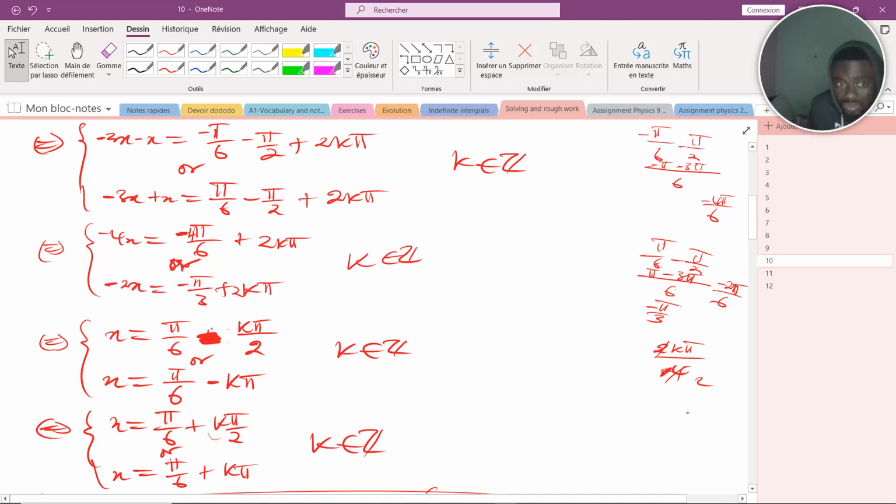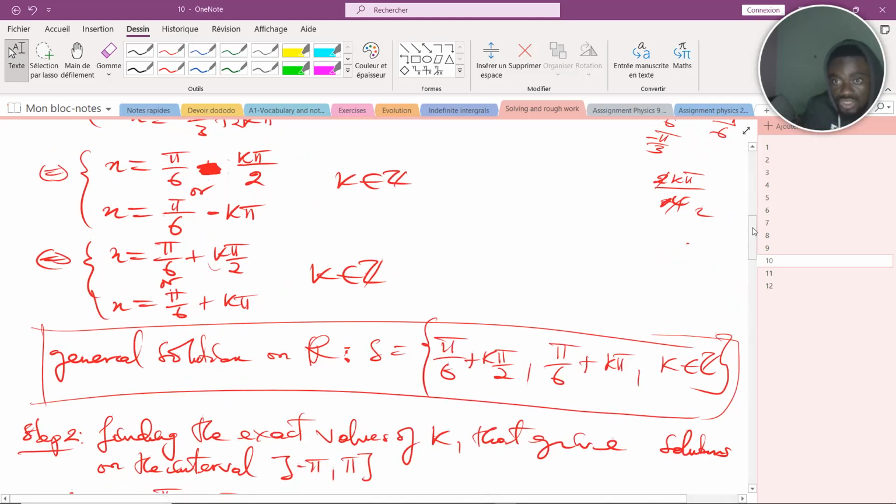But look at something. You can decide to leave your answer like this. It's not wrong. You can decide to leave your general solution here as pi on 6 minus k pi on 2, comma, pi on 6 minus k pi. Your general solution can be that. You will work with that to find the solutions on these intervals.